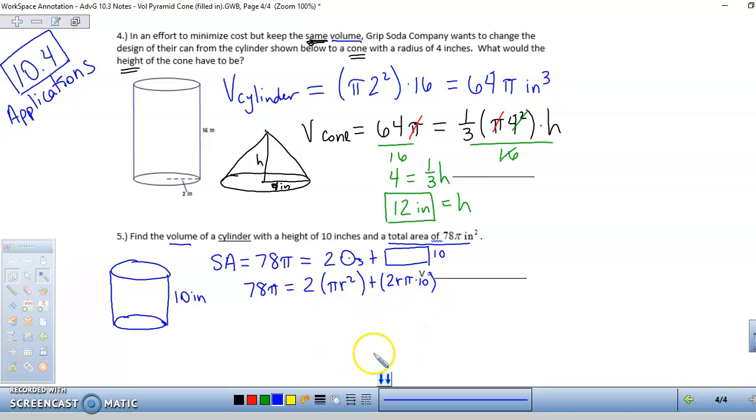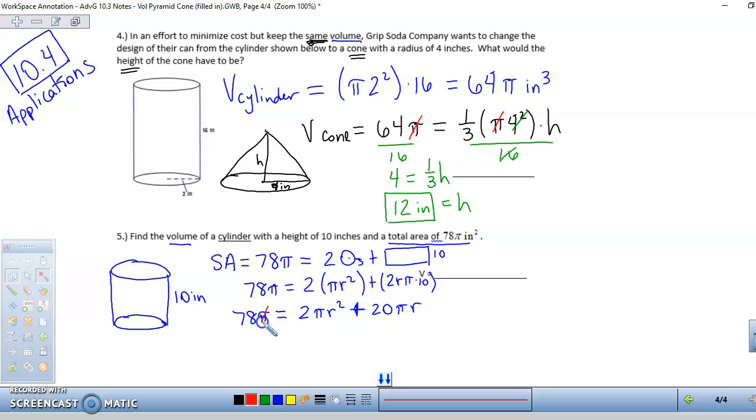Okay, the solving of this is kind of a nightmare. So I'm not gonna sugarcoat that for you. So let's start simplifying. We have 78 pi. Simplifying this, I'm just going to write it as 2 pi r squared. And then putting stuff together here is 20 pi r. So simplifying, let's divide everything by pi.